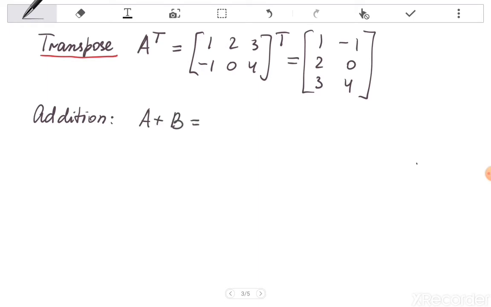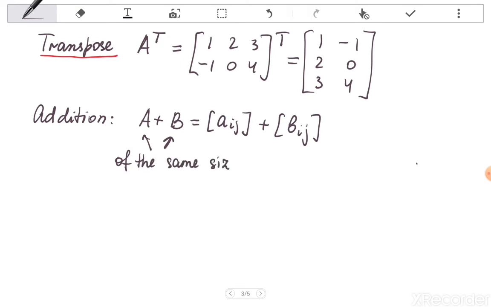A plus B, for two matrices A and B: if A consists of a_ij and B consists of b_ij, and these are of the same size, so these two must be of the same size, then the sum is a new matrix which consists of a_ij plus b_ij elements.